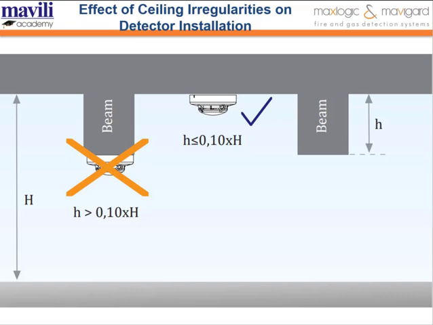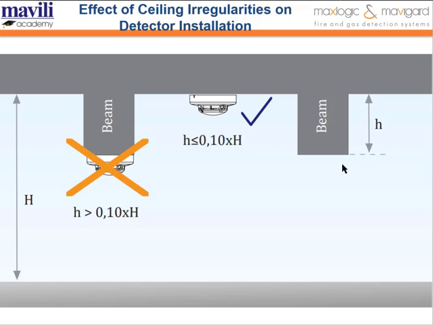So, the effect of ceiling irregularities. This arrangement applies to ceilings that have beam structures or similar irregular shapes. In these cases, the total height of the room should be taken into account when planning detector placement. If the depth of the ceiling irregularities is less than 10% of the ceiling height, the ceiling can generally be treated as flat, and the radius limits specified in section 6.5.2 should be applied for detector spacing.